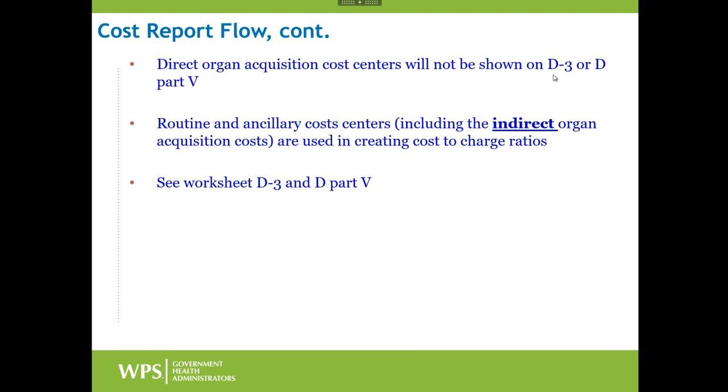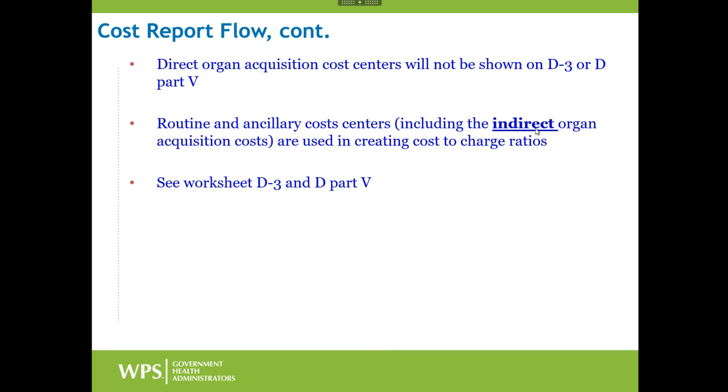Now, as far as D-3 or D Part 5, again, these organ acquisition costs are not apportioned. They're certainly not going to show up. But the routine and ancillary costs, including those, again, indirect, I hate using that word, but the ones that are not the directly related organ acquisition costs, they're just your routine and ancillary costs.